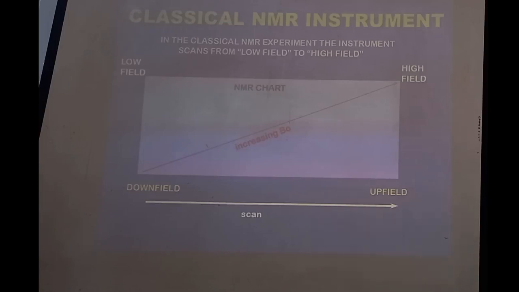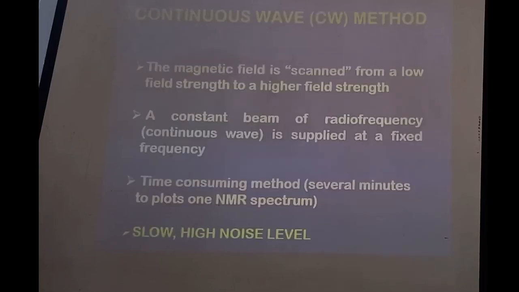So basically, the basic operation of this machine is that you scan it from a low field to a high field, and we discussed it last time with the help of some calculations, how the radio frequency and the Larmor frequency get matched, and then you can differentiate between shielded and de-shielded, or more shielded and less shielded protons, right?